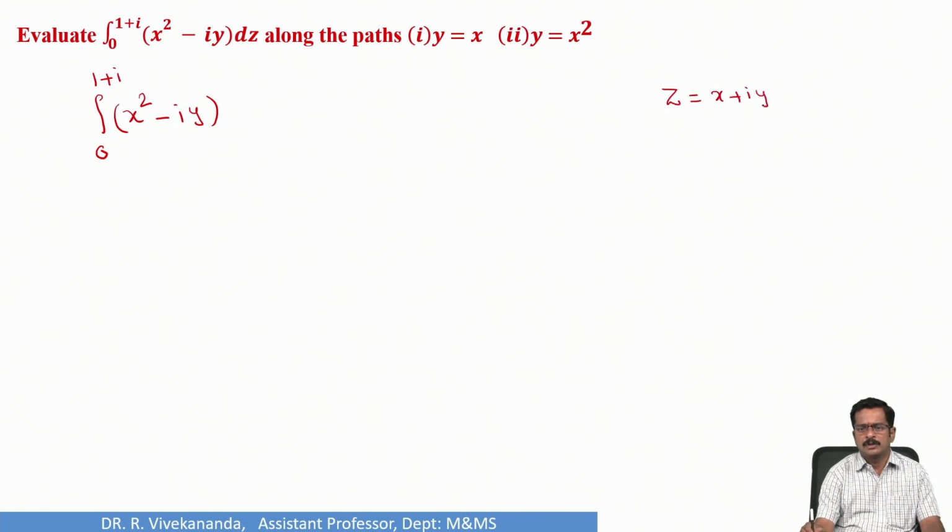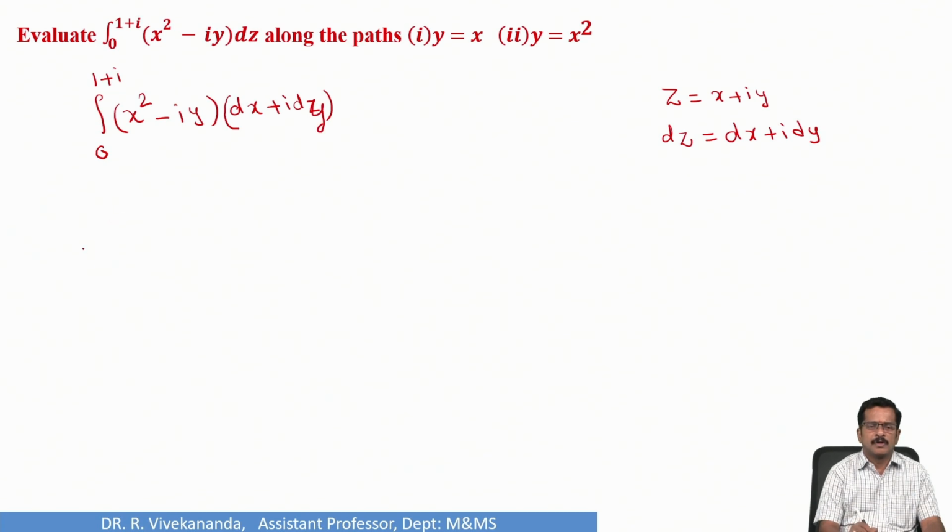This is the variable. dz is nothing but dx plus i dy. So in the place of dz, I'm writing dx plus i dy, which is a multiple term. So I just keep it in brackets. Okay. So now you try to simplify this.